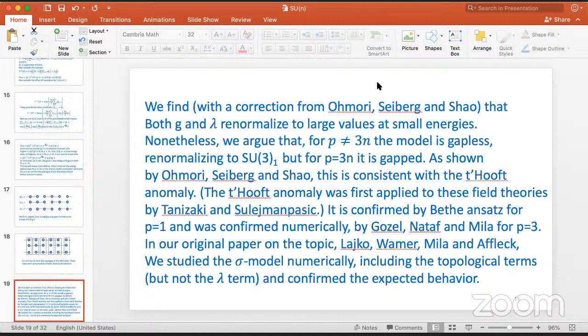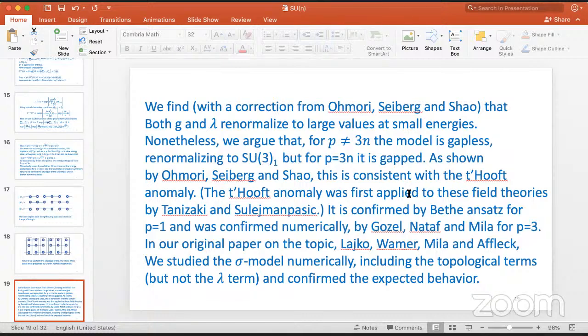Nevertheless, for p not equal to 3n, the model is gapless, flowing to SU(3) level 1. But for p equals 3n, it's gapped. This was shown by Affleck, Seiberg, and Shao, and is consistent with the 't Hooft anomaly. I should mention the 't Hooft anomaly was first applied to these field theories by Tanizaki and collaborators. It's confirmed by the Bethe ansatz for p equals 1.